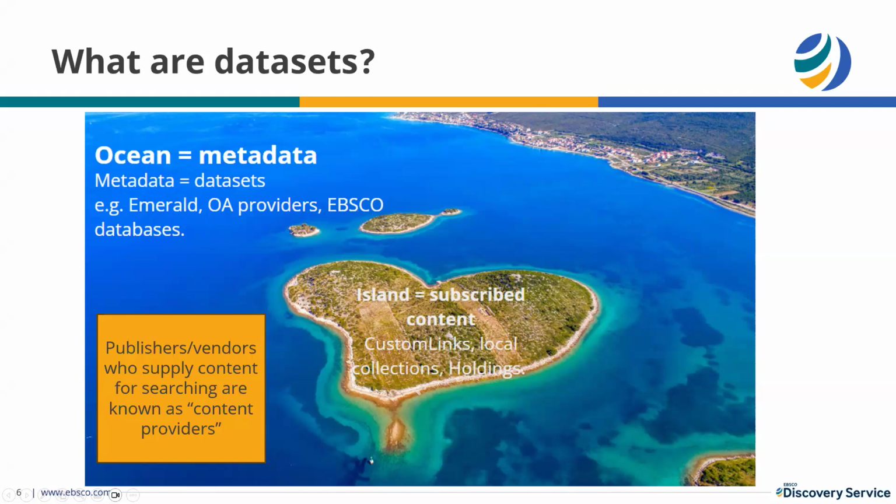It's our searchable metadata that is provided by different vendors, as well as open access providers and also your EBSCO databases. Any publishers or vendors who supply their content for searching are known as content providers. In this series of sessions, I'm going to touch on things like setting up links, but in today's session, we're really focusing on this C, our datasets, and how to enable that searchable content and maintain it in our discovery.